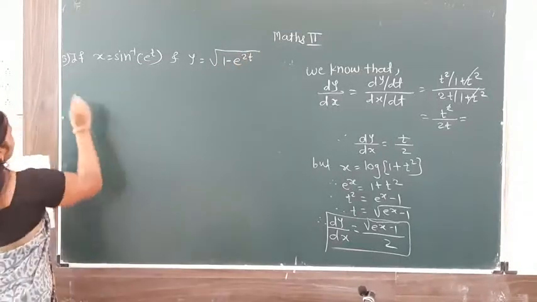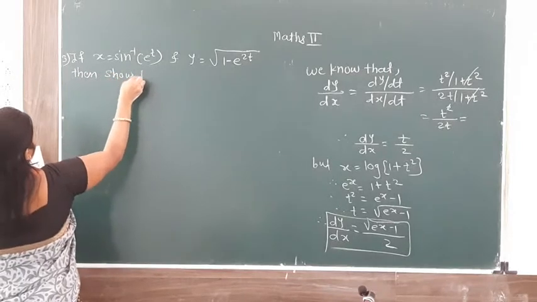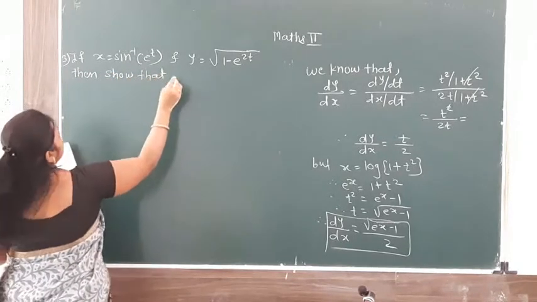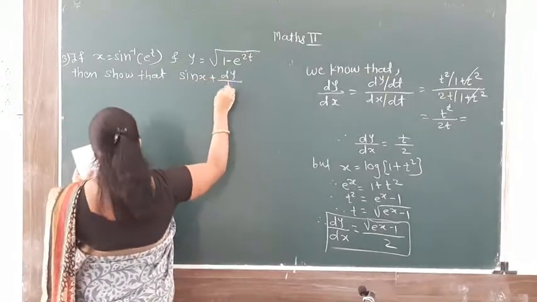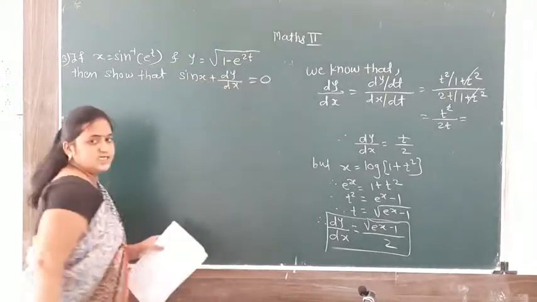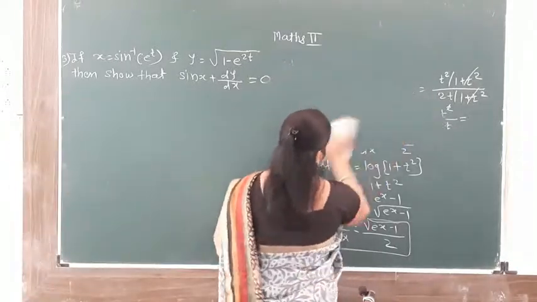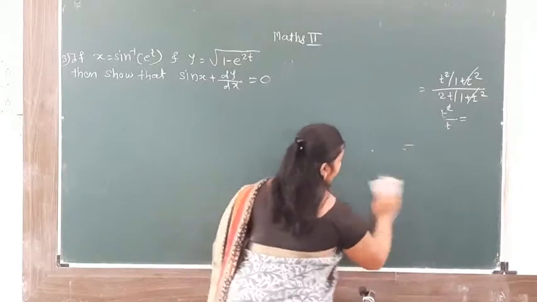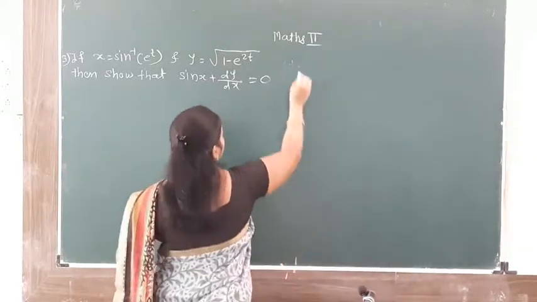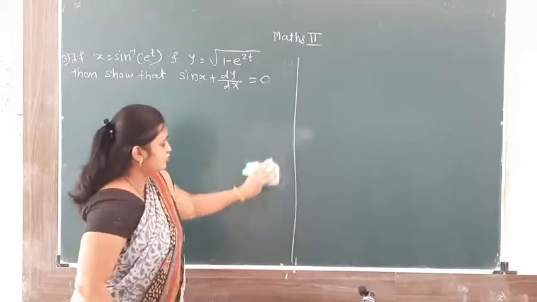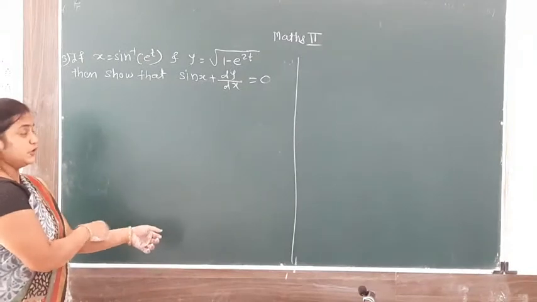Then show that, prove that sin x plus dy by dx is equal to 0. Now, here x and y are given in terms of t, so we can use the parametric formula, the parametric derivative.